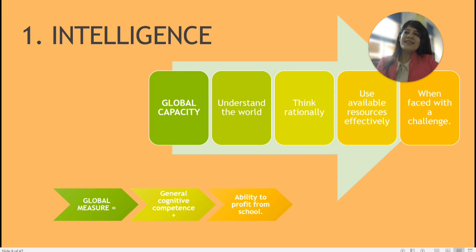Is intelligence that global capacity that helps you solve so many problems in such a meaningful way? Because what it really does, guys, is become a global measure for you to look at anyone and tell whether they're utilizing all of those cognitive competencies that they have, and are they really profiting from whatever they've used so far from their life and from school.